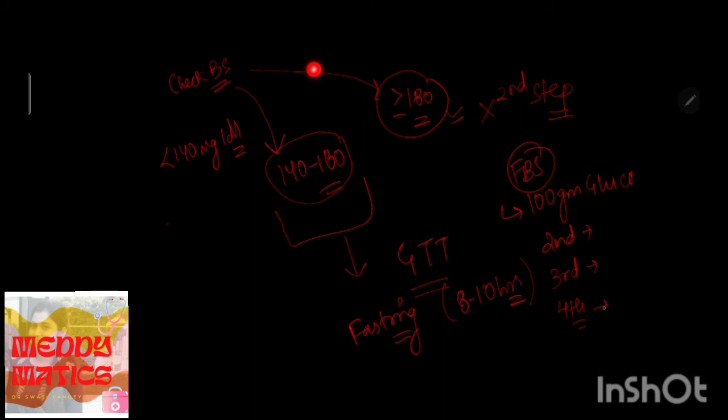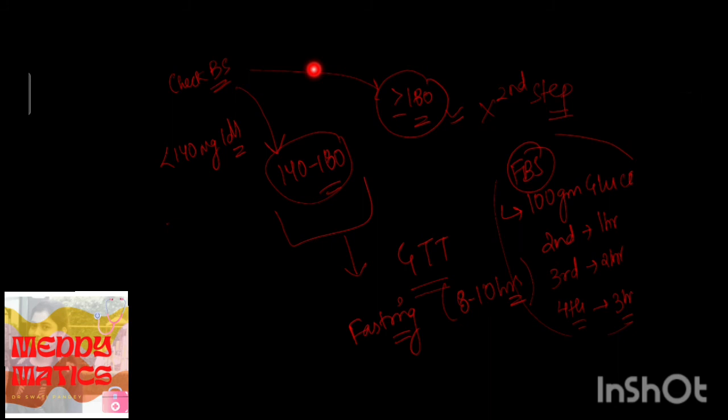The second sample is taken 1 hour postprandial, then 2 hours postprandial, and then 3 hours postprandial. In total 4 samples are to be taken, and if any two or more samples are abnormal, the diabetes is confirmed.